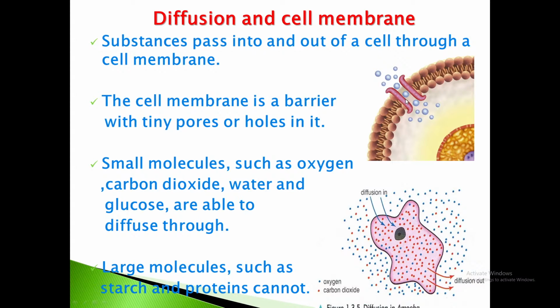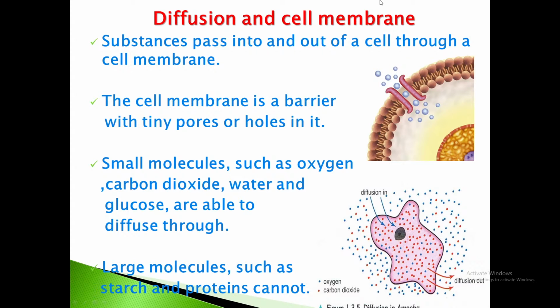We're looking at the diagram now, where we have these two red sections with the gray dots, the particles going in and out of the cell, and those represent the pores. Now large molecules such as starch and protein cannot pass. So the cell membrane will only allow some substances to enter. Large substances such as protein and starch would be too large, so the cell membrane will not allow those to go through.